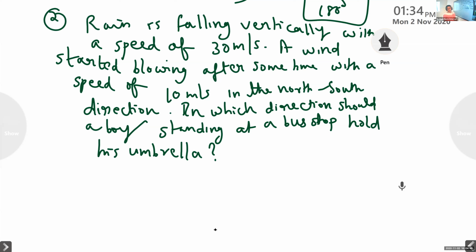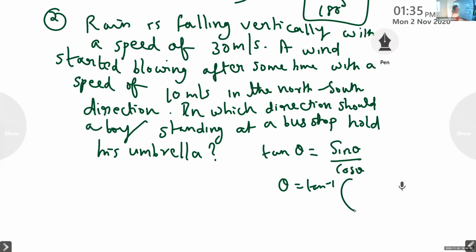So, did you understand this? This is part of relative velocity in two dimensions. There is no specific equation, but here we are using that equation. Do you remember? Tan theta is equal to sine theta by cos theta, or theta is equal to tan inverse of this.